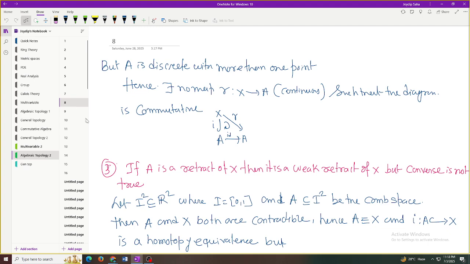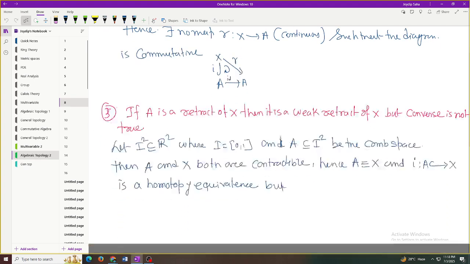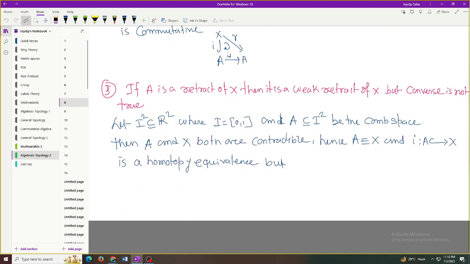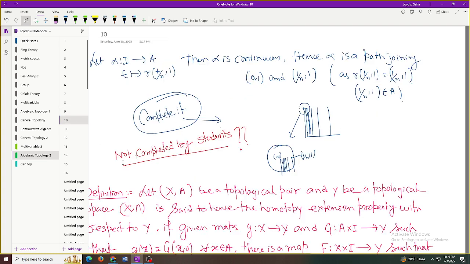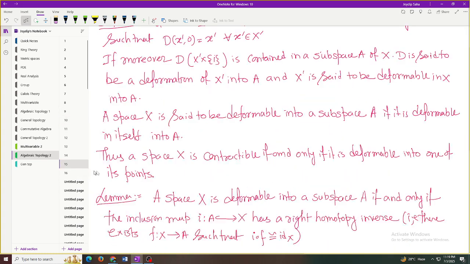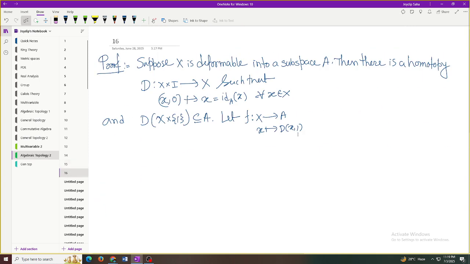The cone space is contractible, so it is a weak retract. Both are contractible, so they have the same homotopy type, therefore it is a weak retract, but it is not a retract of this. Now I am doing this.